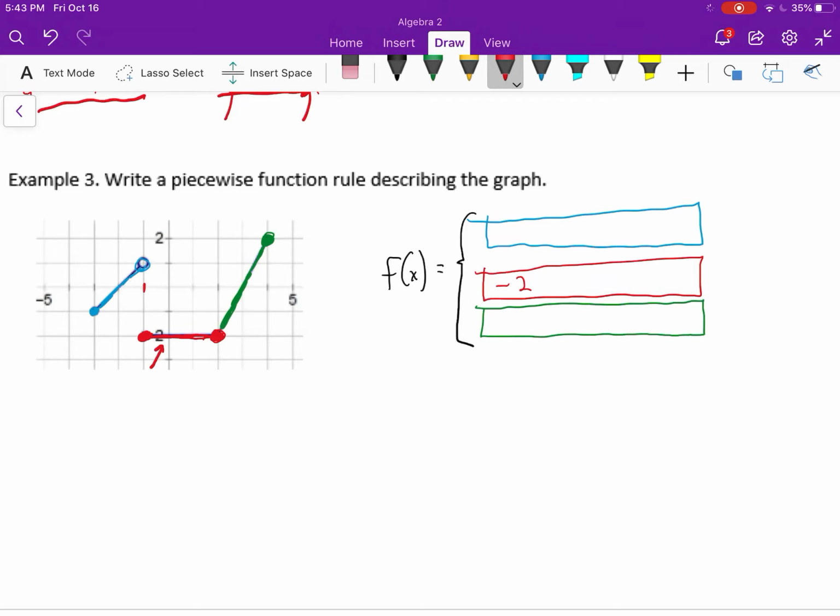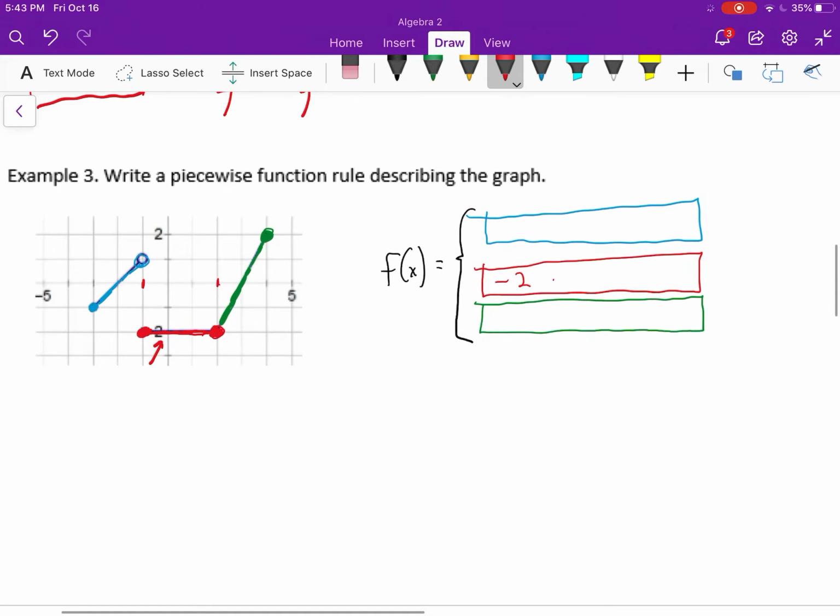We have to look at our x-axis. It's equal to -2 from -1 up to 2. So if -1 is less than or equal to x, which is less than or equal to 2. And I use less than or equal to for both of those because those circles were filled in.